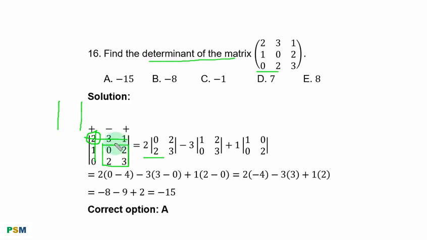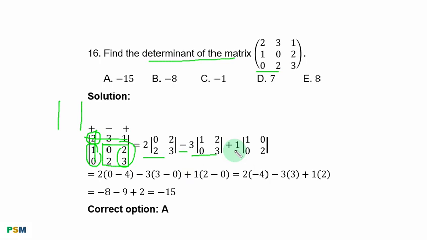Next, you take the second element in the first row. The sign is negative. You cover first row, second column. You are left with 1, 0, 2, 3 in this form.